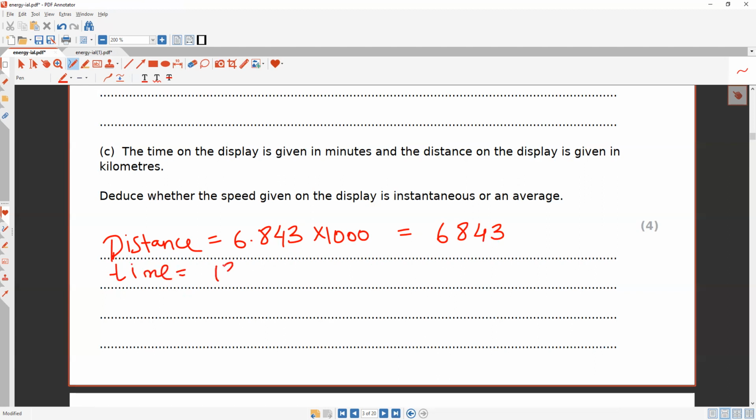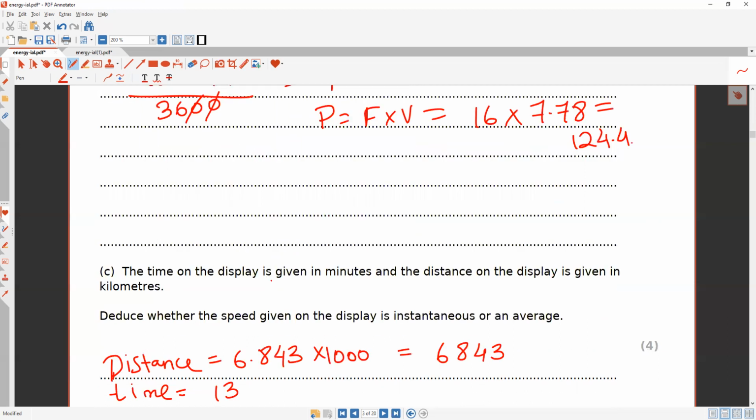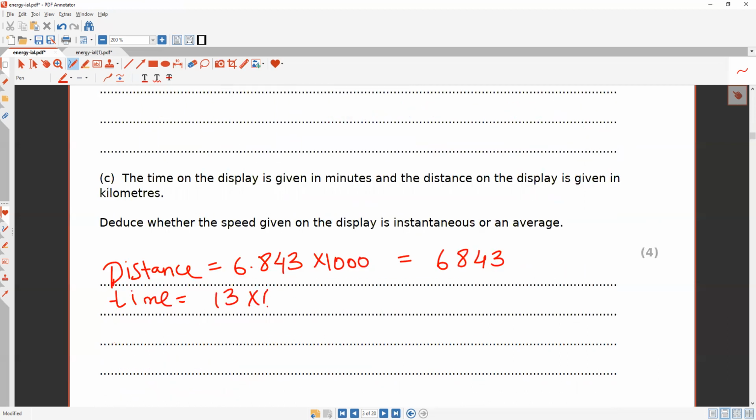Step by step: the time is 13 minutes, so 13 into 60 is 780. Clear? Is this understood? This is 780 seconds. And the distance is in meters.